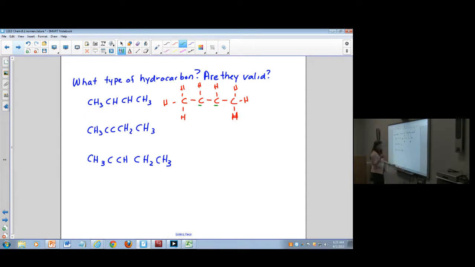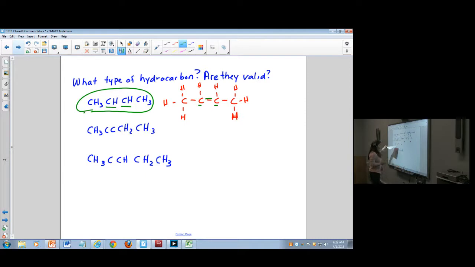Now, you don't get to change and say, oh, that's CH2, CH2. Instead, if I've written it like this, I expect you to figure out that this should be a double bond. All right? That's how you're going to see that. So when you see something like this in the middle of the chain, where you have a CH and a CH, that's going to indicate a double bond most of the time.